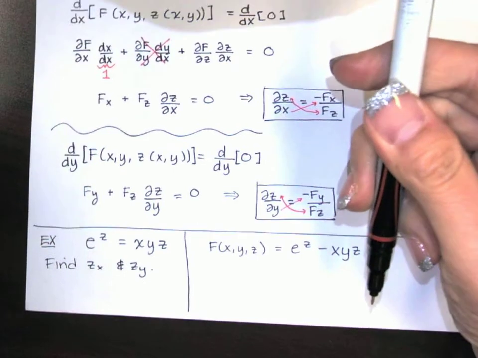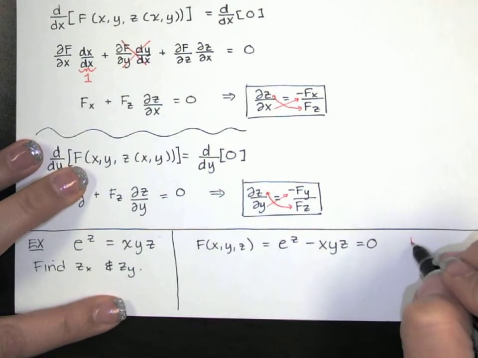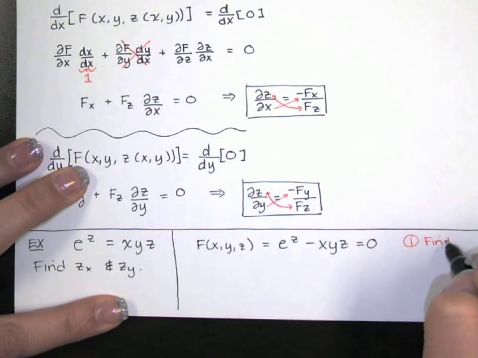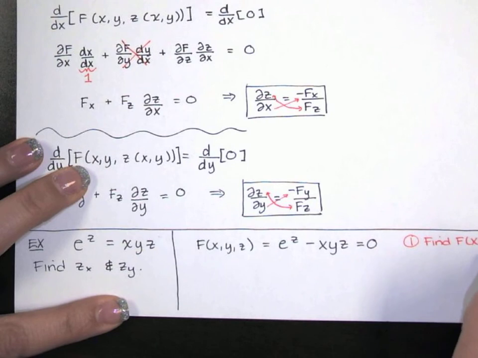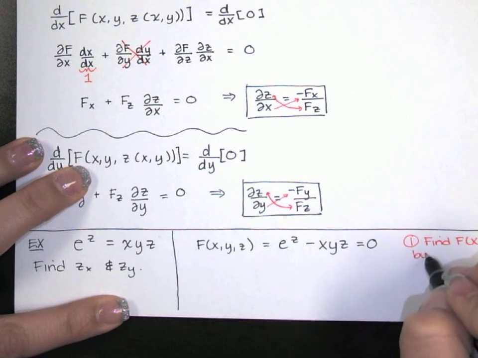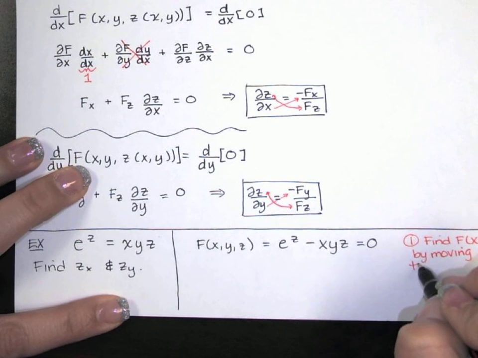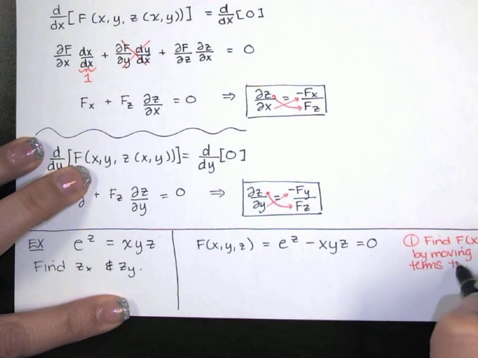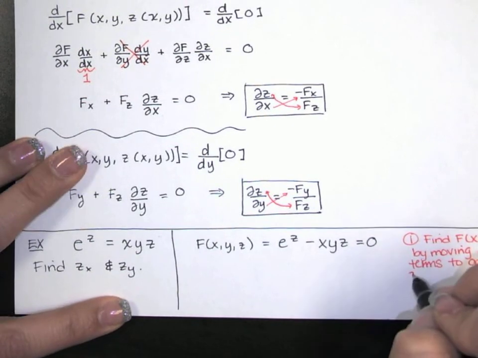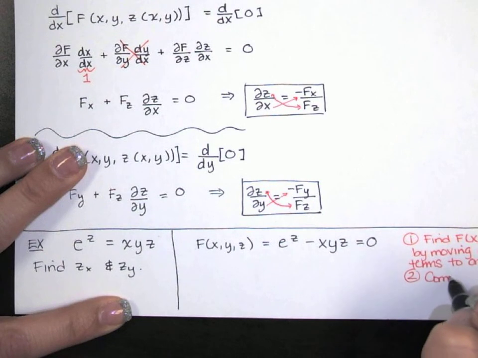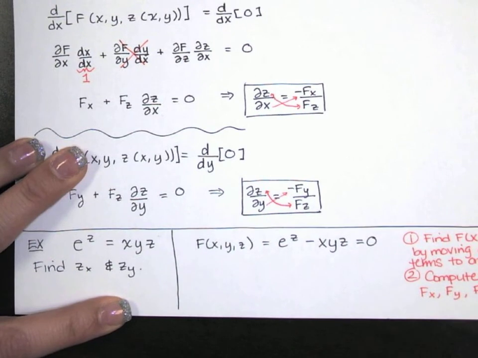So that's our first step. And then we're going to compute those three partials. Compute the partial of f with respect to x, partial of f with respect to y, and partial of f with respect to z.